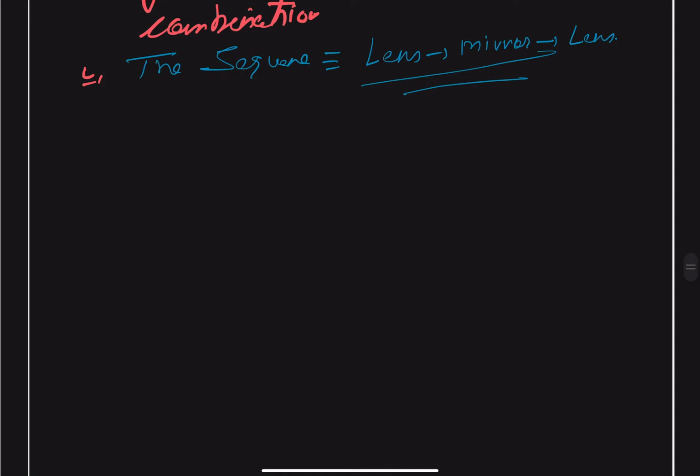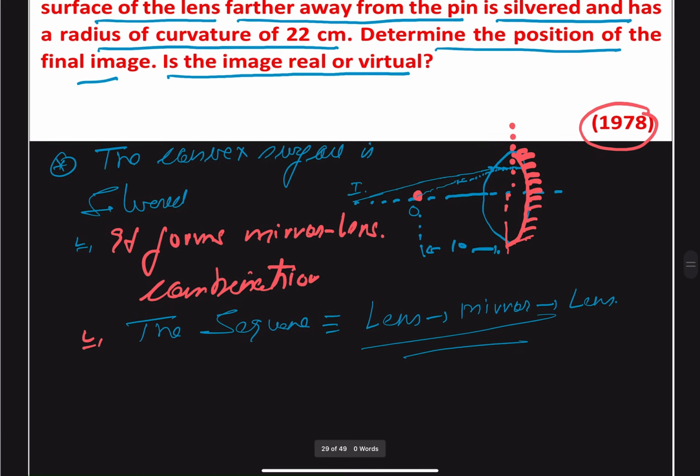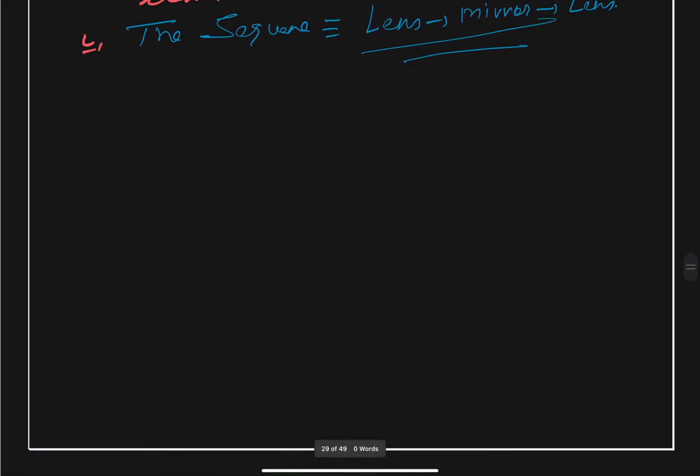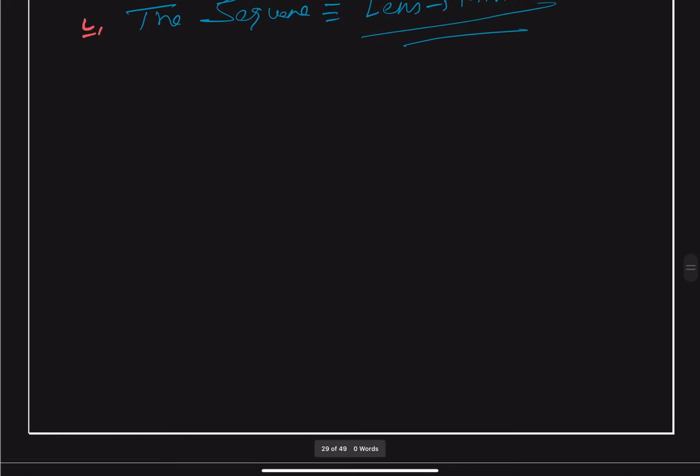First of all, we are going to find out the power of the lens. Focal length is given to us, so we can find out its power. Or we can say, let us start with the focal length of the mirror, which is formed by the silvered convex surface.